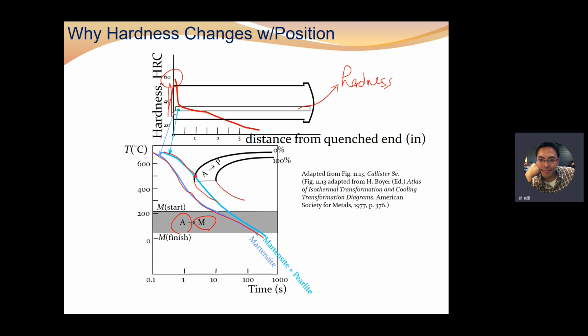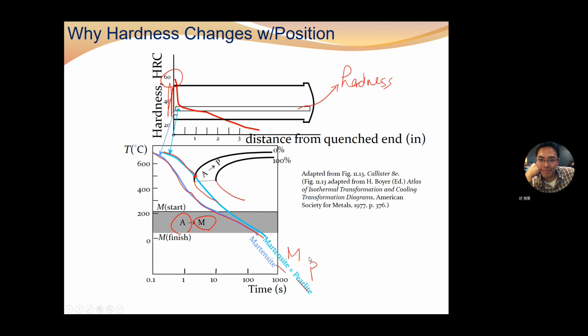Therefore, some of the austenite transforms to pearlite. Therefore, the structure of the second point shown in this figure consists of martensite and pearlite.